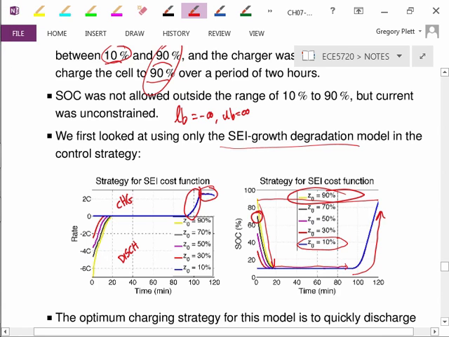And if all goes to plan, I'm going to discharge from 70% down to 10%, and then just before I need the vehicle, I'm going to charge it up to 90%, so I'm in perfect shape when I need the vehicle then. But if I have a middle of the night emergency and I need to use the vehicle right then, I can't. I'm already at my minimum state of charge that I'm allowed to have. So probably, even if this is the right thing to do from a degradation perspective, it's not the thing we actually would do, but at least this optimization gives us perspective and allows us to make some intelligent compromises.